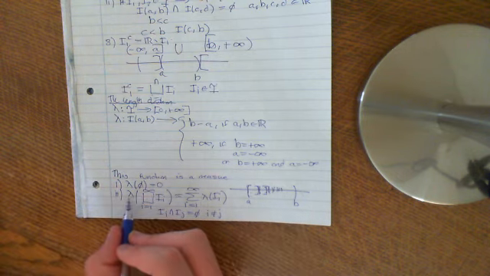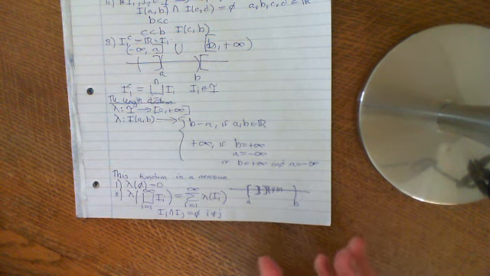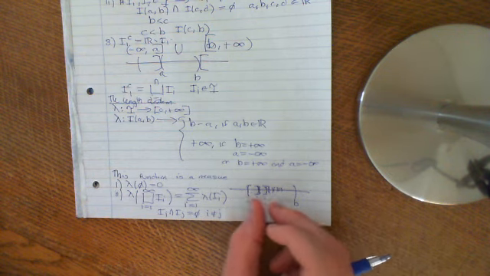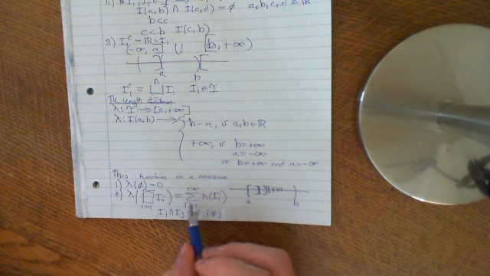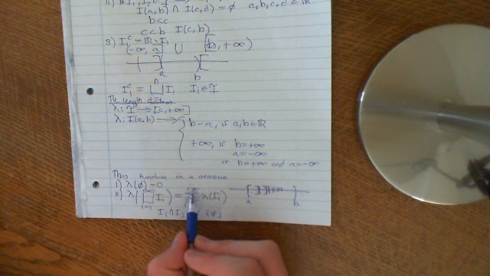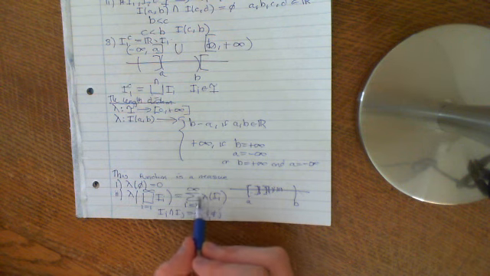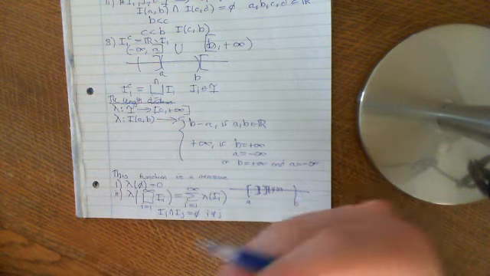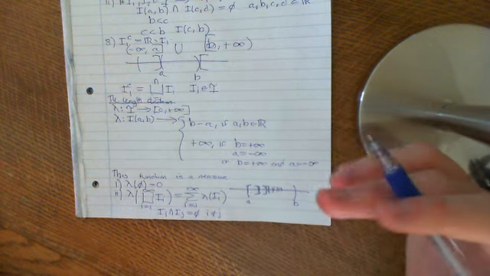Then the length of the overall union that they make is equal to the sum. Well, it's going to be a sum if it's only a finite union. So if it's a finite union, then this will become n up here, and the length of the union will just be the sum of the lengths of the constituent pieces.